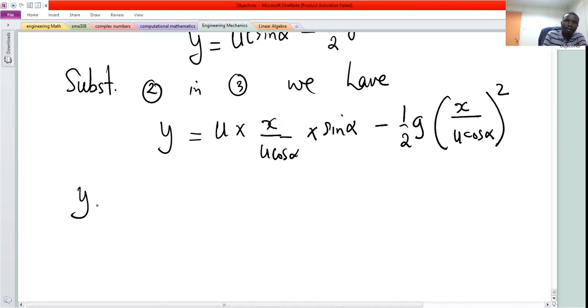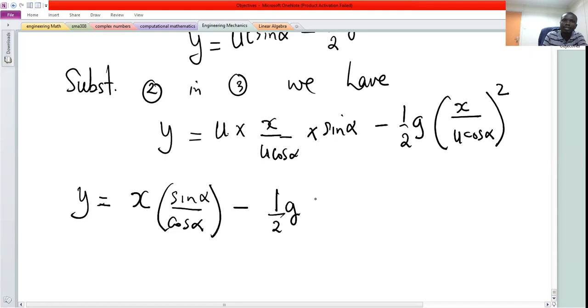So this will give us y. Now, u times this one here will give us this, and the u cancels out. So we'll have x, sine of alpha over cos of alpha, minus a half g x squared over u squared cos squared alpha, because this square is affecting everything here.